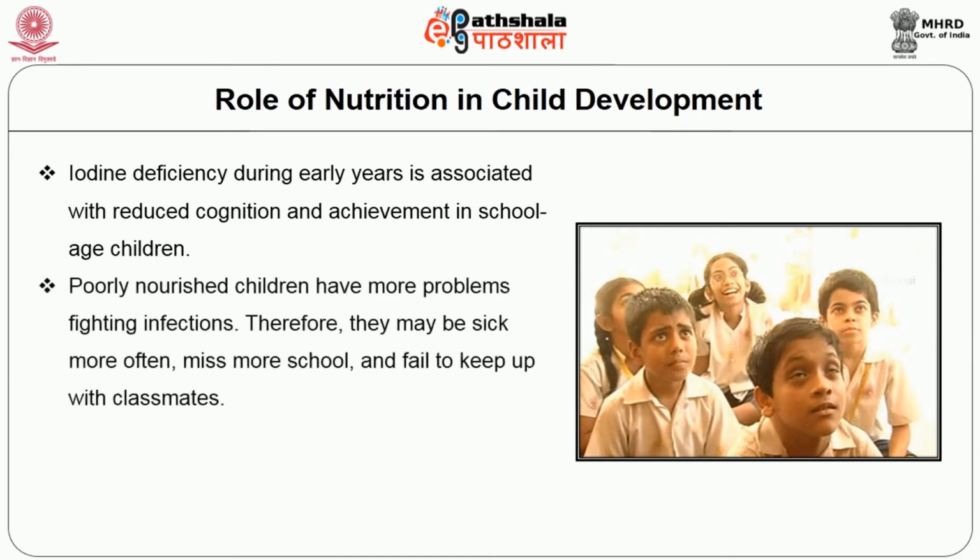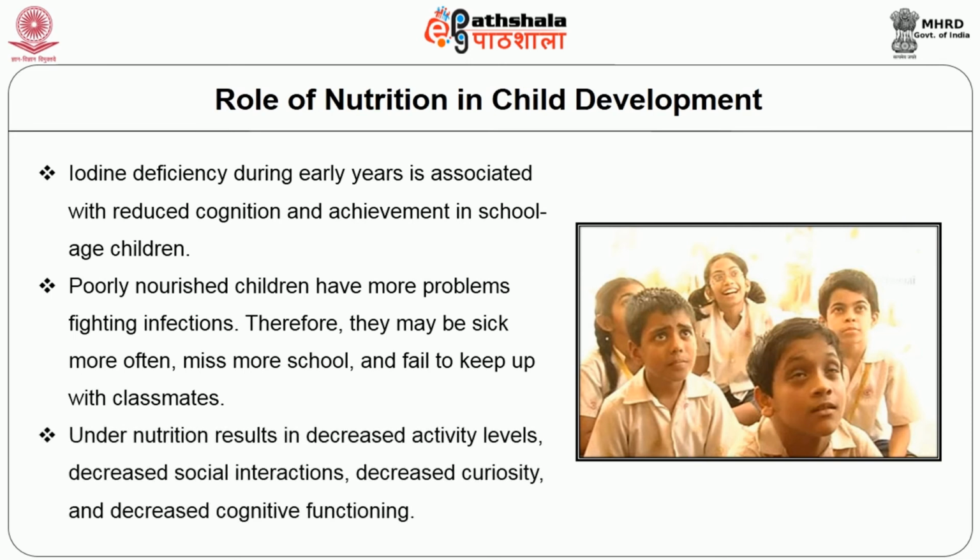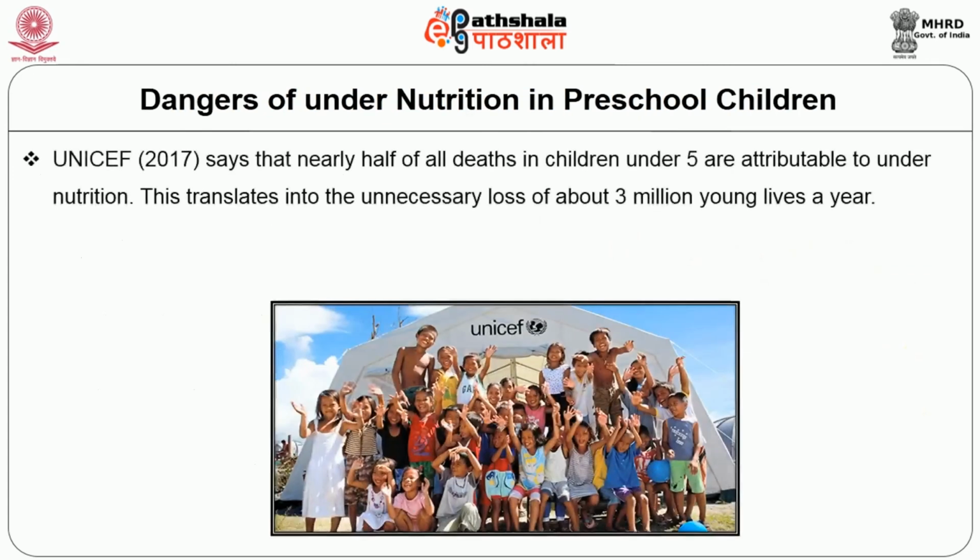Poorly nourished children have more problems fighting infections. Therefore, they may be sick more often, miss more school, and fail to keep up with classmates. Undernutrition results in decreased activity levels, decreased social interactions, decreased curiosity, and decreased cognitive functioning. Hence, nutrition is very important in growing children.